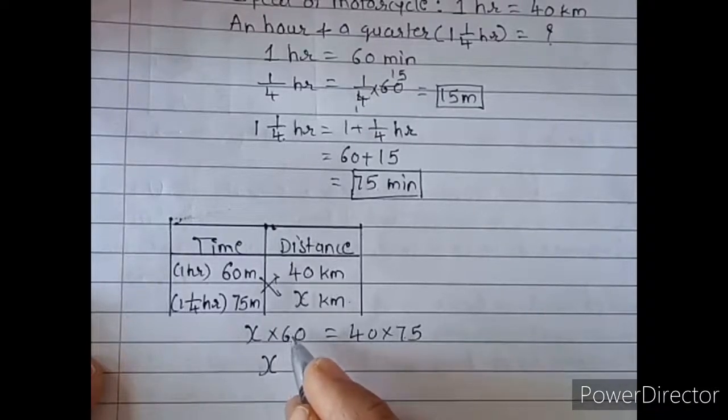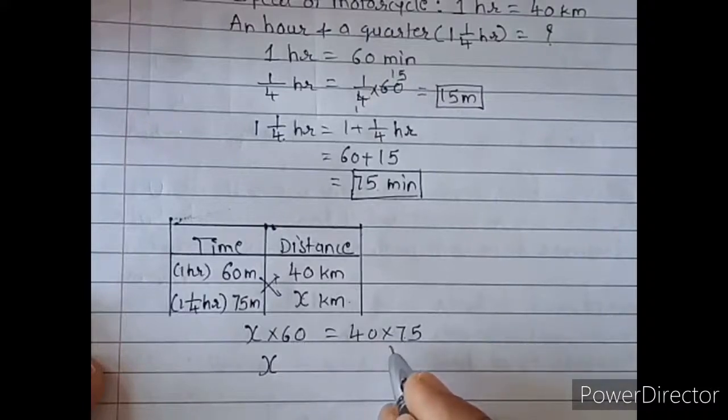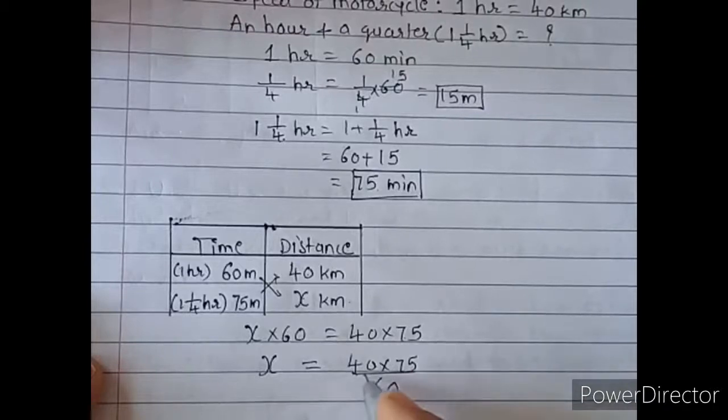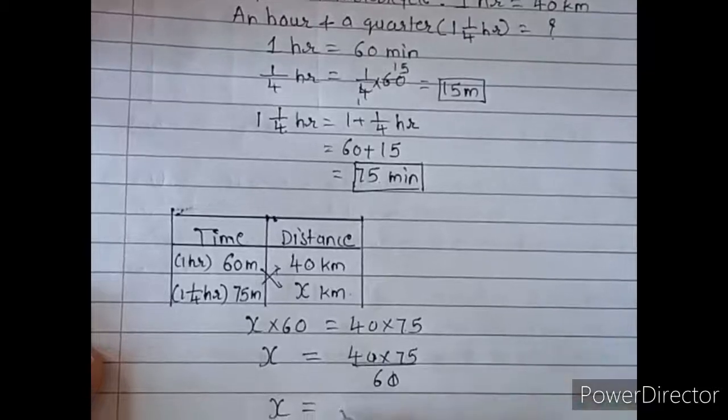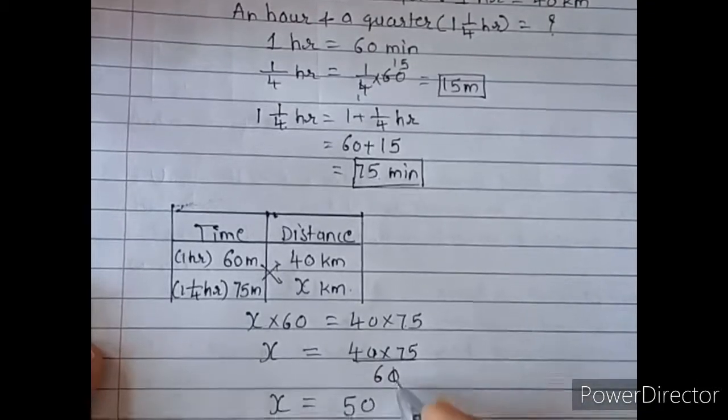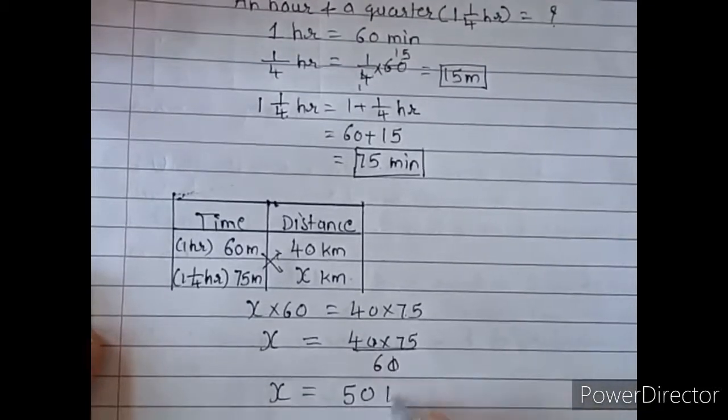Multiplication. So when we shift this 60, it converts into division. So how to write this? 40 into 75, and that 60 will come in the denominator. Now solve this. You will get the figure 50 kilometers. So X is equal to 50 kilometers.